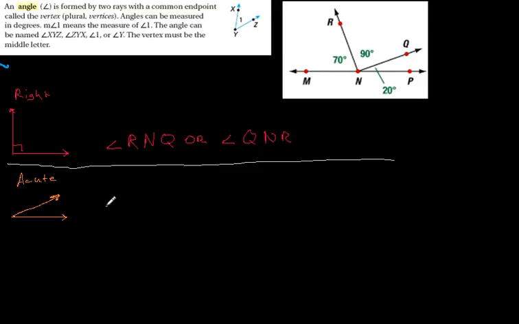Don't forget your angle symbol: angle P, N, Q, or Q, N, P. Don't forget, you want your vertex to be the middle letter, and I made a mistake already.